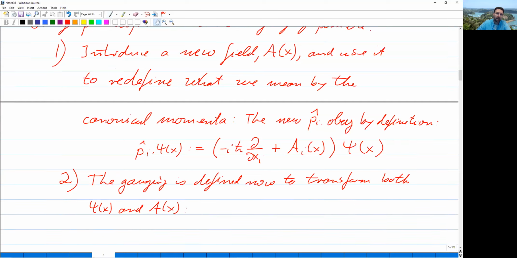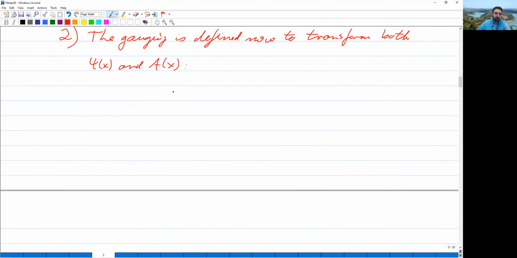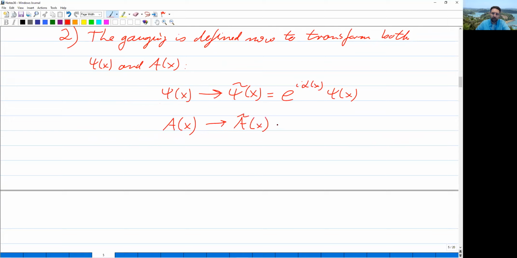So the gauge principle says when you do a gauge transformation, so when you do psi of x goes into psi tilde of x, which is e to the power i alpha of x, psi of x, then you also have to transform your new vector field A of x into a new vector field A tilde of x, which is defined to be, both of them are definitions, the old vector field minus h bar and then the gradient of our gauge function alpha of x.